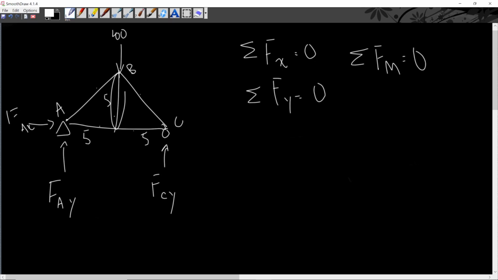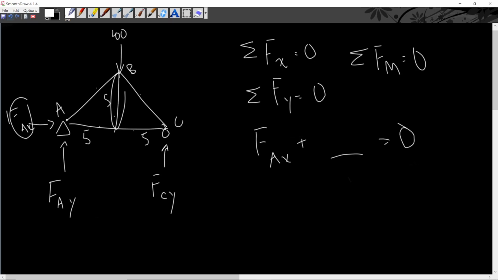Okay? If we try to sum up the forces in the x direction, there's only going to be one force in the x direction, that is FAX. So FAX plus, if there was another force, then we would add it, equals 0.